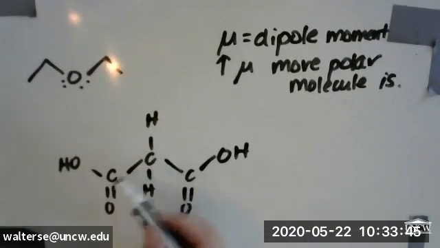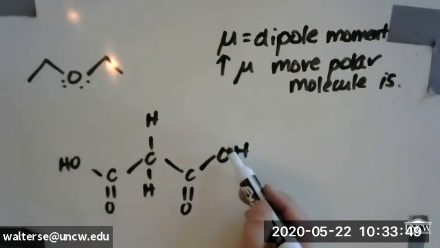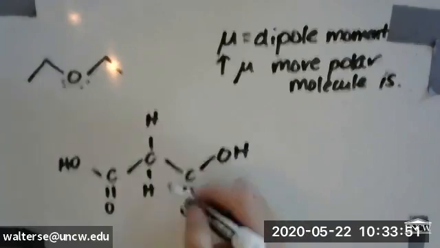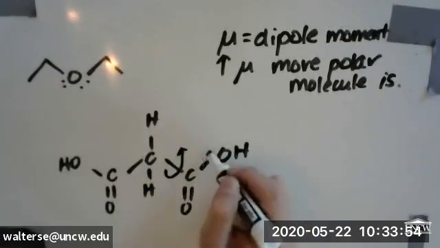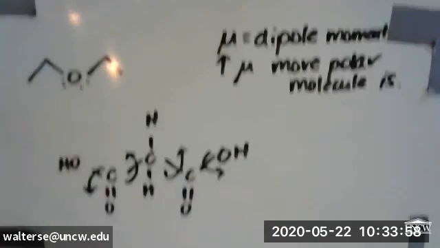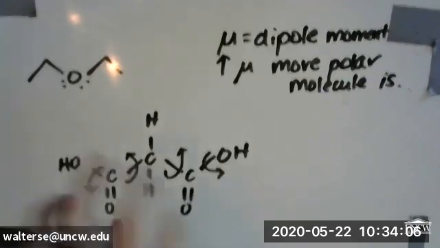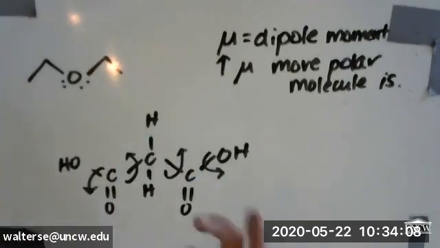You have a central carbon with a carboxylic acid on the left and a carboxylic acid on the right. The problem is all of these single bonds can rotate. So even though right now this orientation looks symmetric and you could say maybe they're going to cancel, it could always rotate in such a way that they won't cancel.